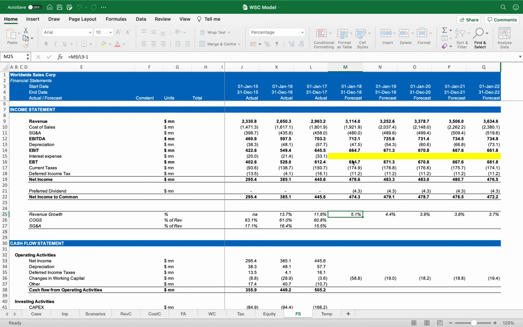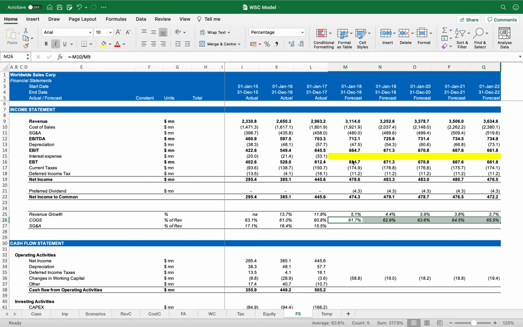Then COGS as a percentage of revenue and SG&A as a percentage of revenue. Okay, fair enough. So this is the analysis that comes from the income statement. So now our income statement up to this point is absolutely filled in. So we're done with the income statement. Yes, I know interest is there, but interest will come from the debt schedule, and let's just hold on to this for some time.